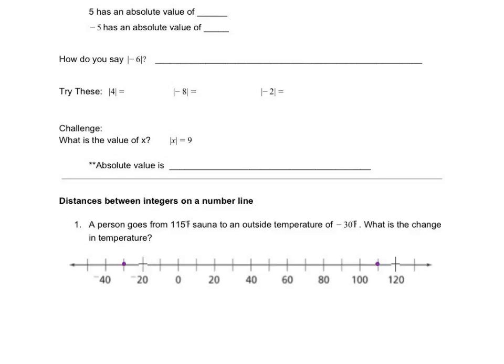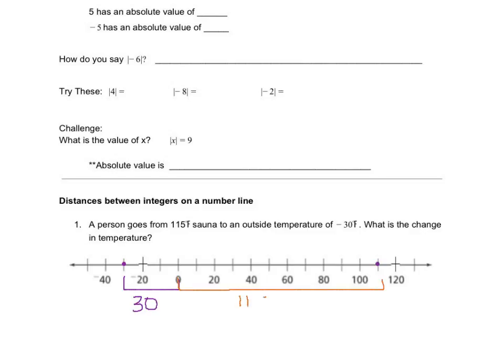Then we want to go back to the top part of our notes or the previous video and think about absolute value, where I like to go the distance from the negative number to 0. So what is the distance or the absolute value of negative 30? Well, I would have a distance of 30. The absolute value of negative 30 is 30. Then I would look at the second half of that. What is the absolute value of 115? Or what is the distance from 0 to 115?